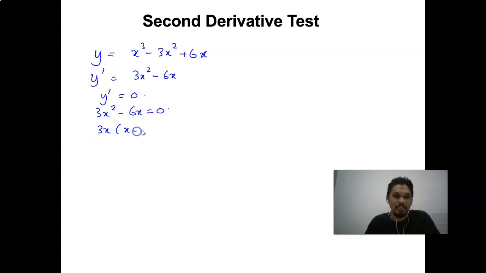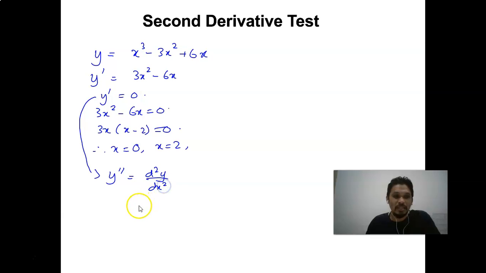Factorize 3x times (x minus 2), then we get x equals 0 and x equals 2. Then from y prime, we come up with y double prime, the second derivative of y with respect to x. So 2 times 3 equals 6x, the derivative of 6x is 6, then minus 6.